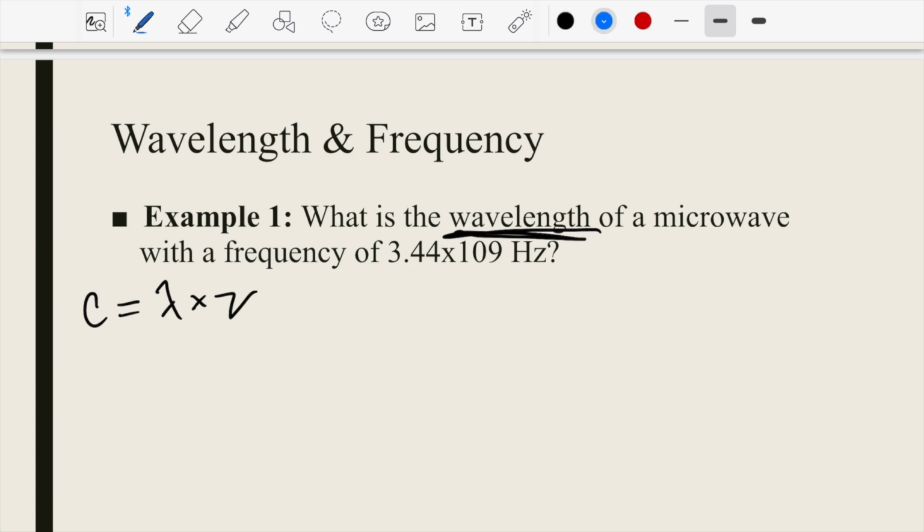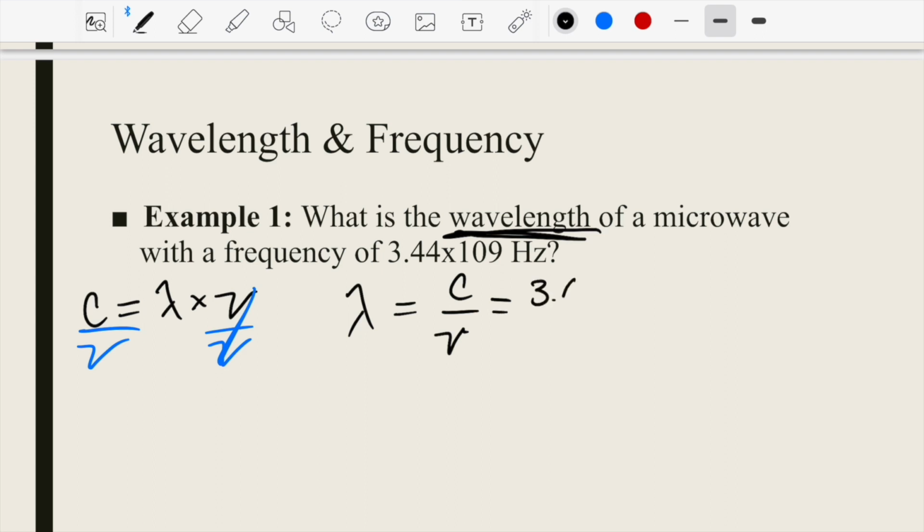So the first thing I'm going to do is rearrange this equation so that it solves for wavelength. To get wavelength by itself, I'm going to divide each side of the equation by frequency. So we get the equation, wavelength is equal to the speed of light divided by frequency.